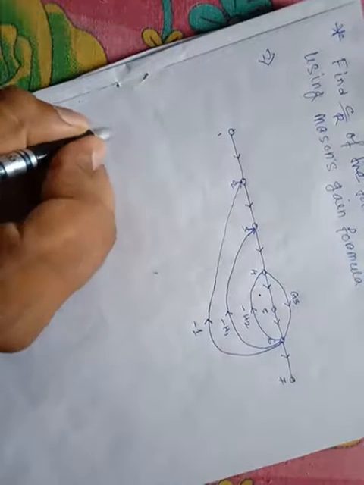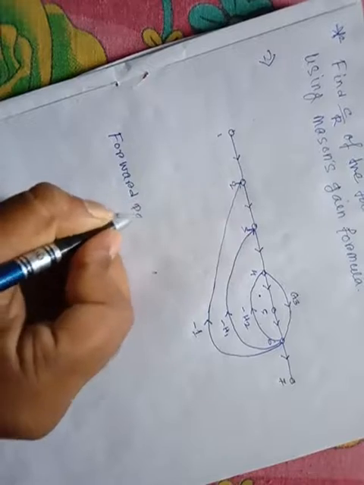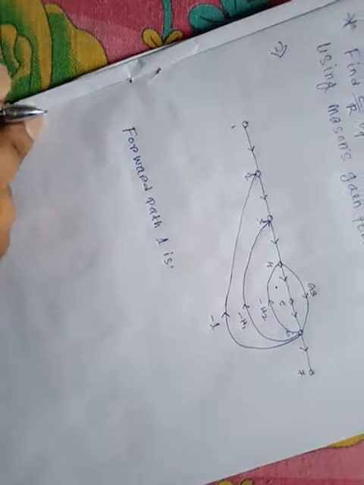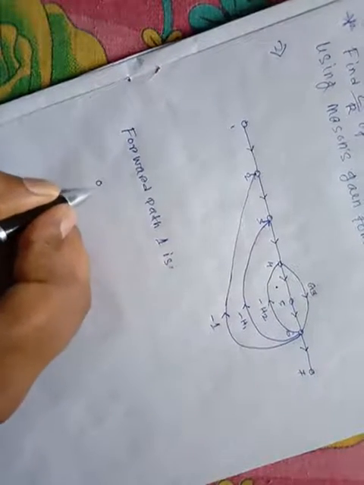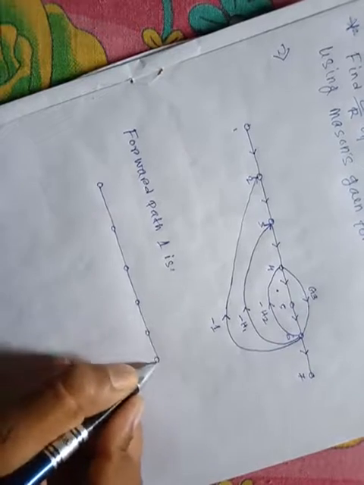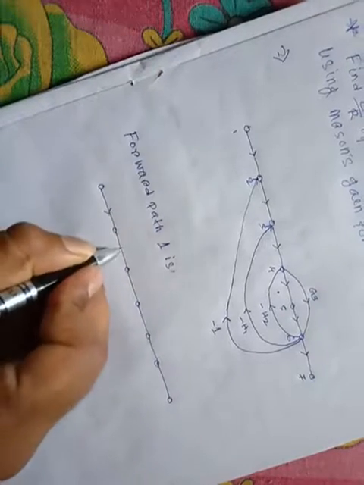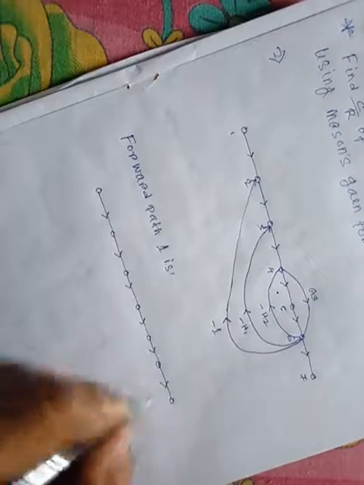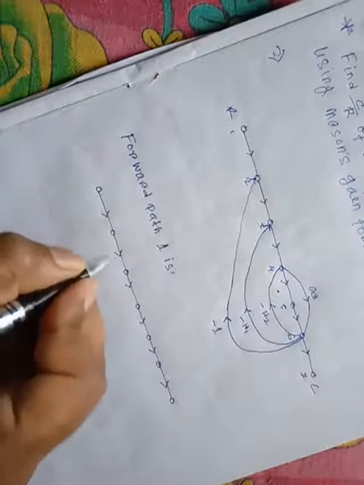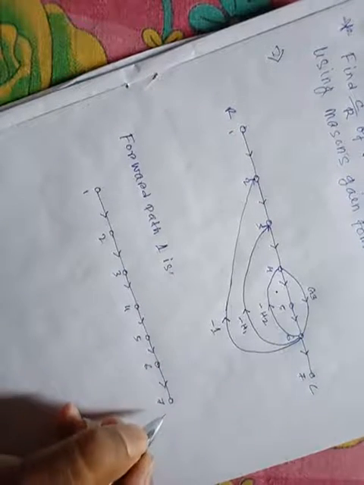Forward path 1 is 1 to 7, through nodes 5, 6, 7.